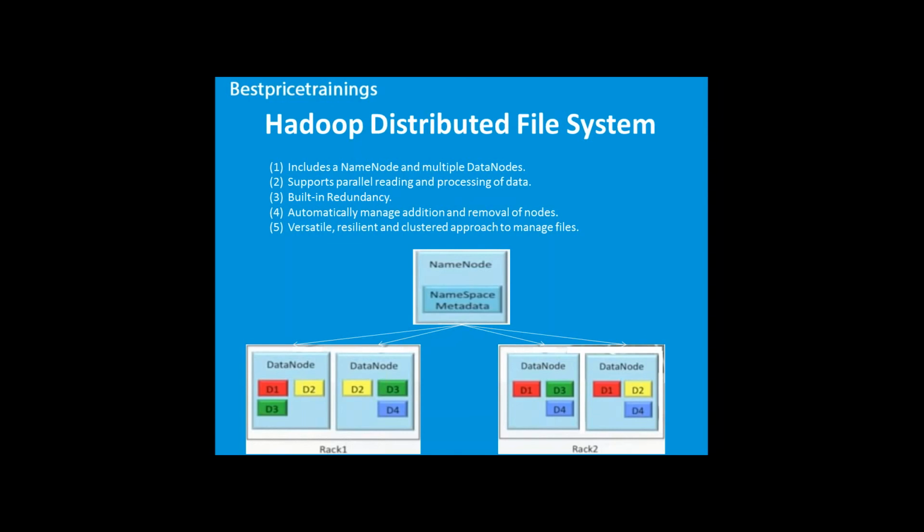In this case, our data will be stored in the form of data blocks, and these data blocks will be replicated across different data nodes. Once we go for the detailed training, we will study the basic architecture and working of these data blocks and the name node, how they interact, and how we deal with the data reading and data writing process as well.